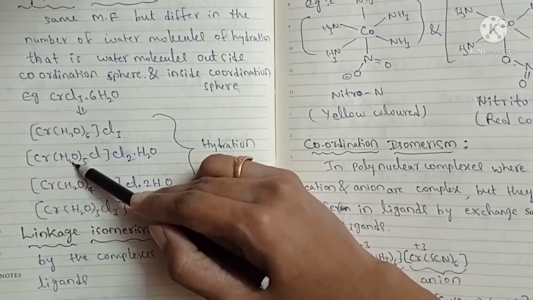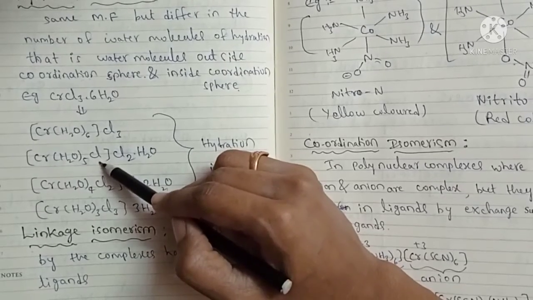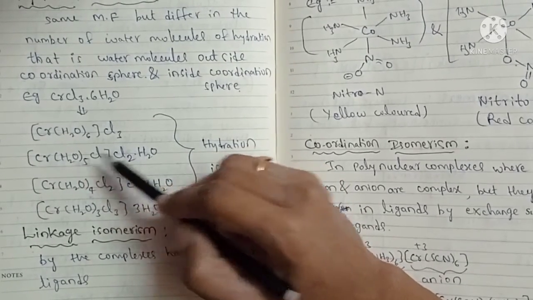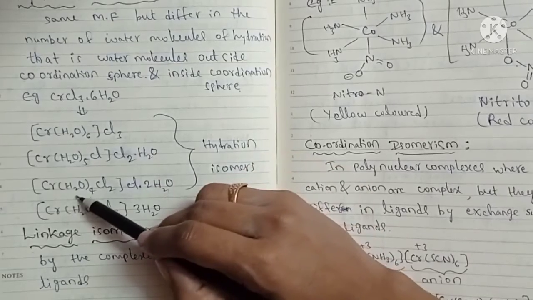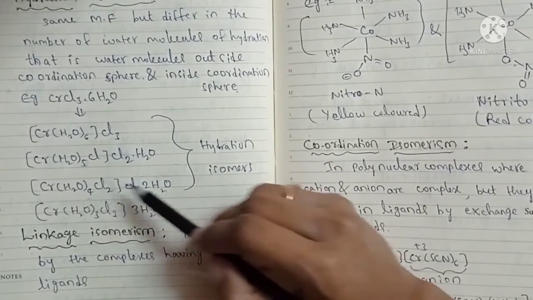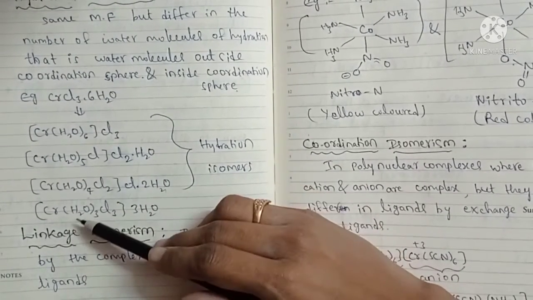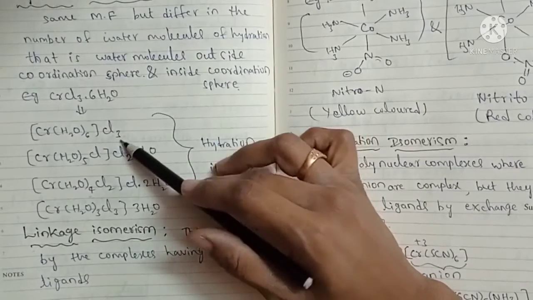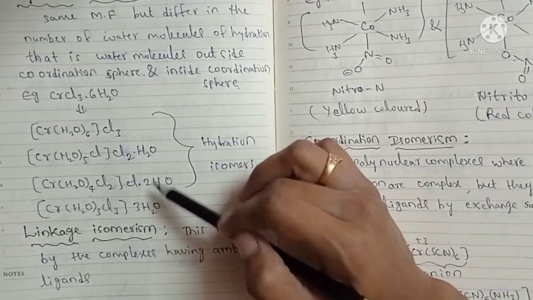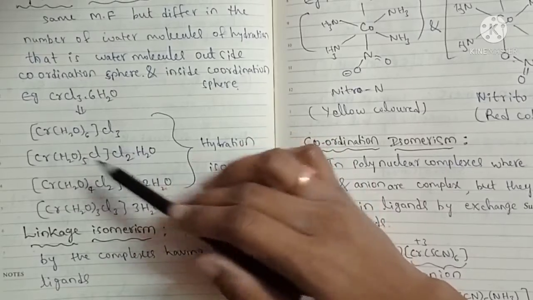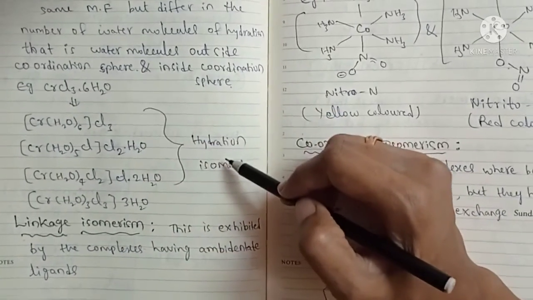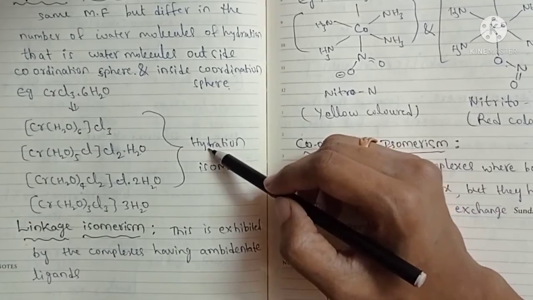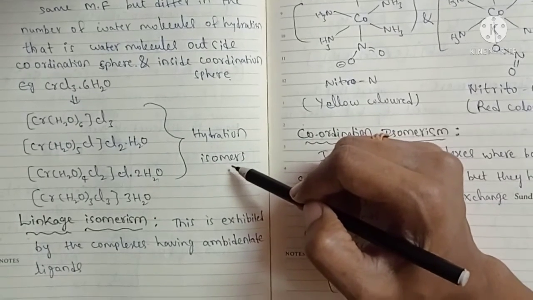[Cr(H2O)5Cl]Cl2·H2O means 5 water molecules inside the sphere and 1 outside. Here 4 water molecules are inside the sphere and 2 are outside. Here 3 are inside and 3 are outside. So the number of water molecules differs inside and outside the sphere. This type of isomerism is called hydration isomerism, and these isomers are called hydration isomers.